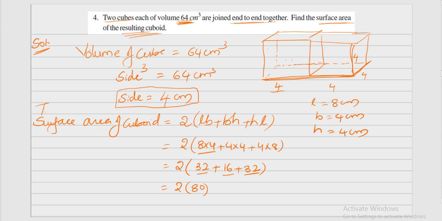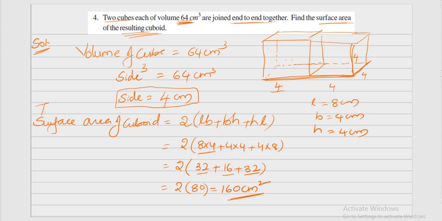So 2 times 80, 2 80s are 160 centimeter square. So what we have found here is the surface area of the cuboid.